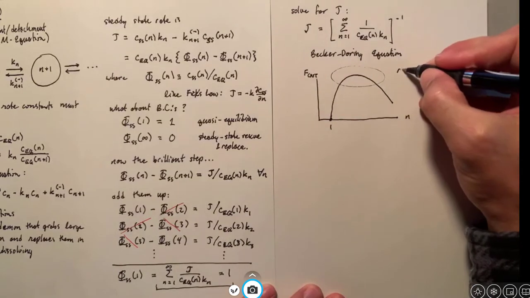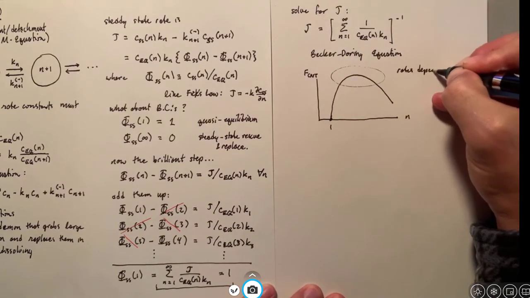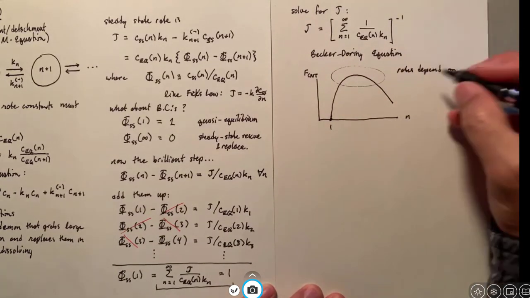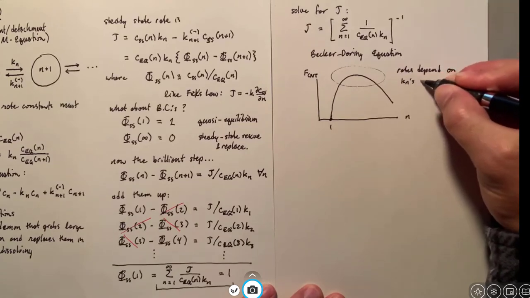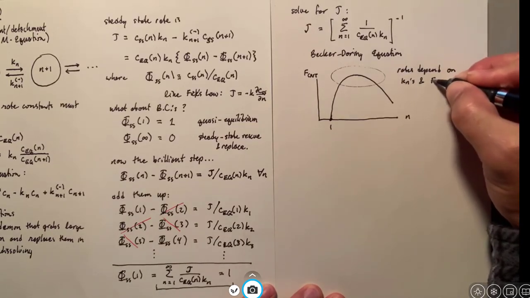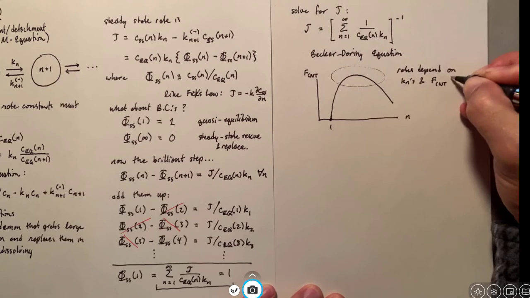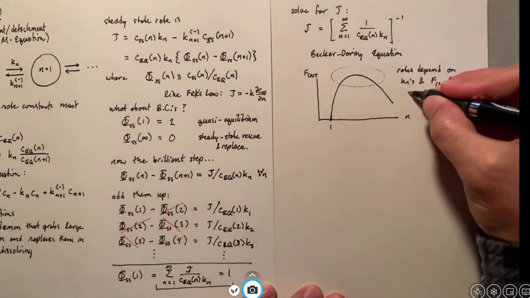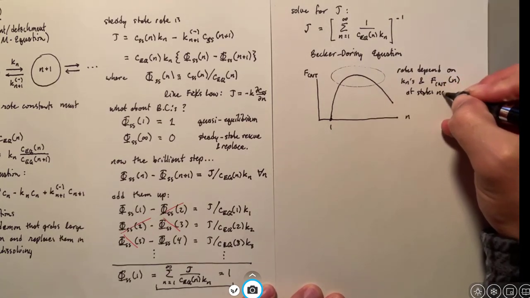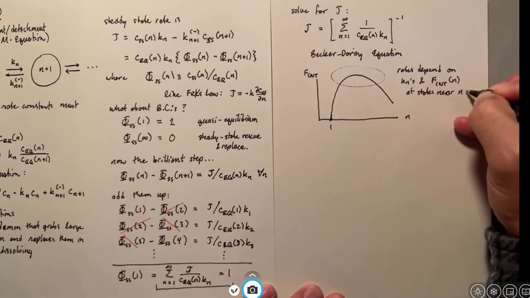Right? So the rates depend on the k_n's and the free energies at states near n double dagger.